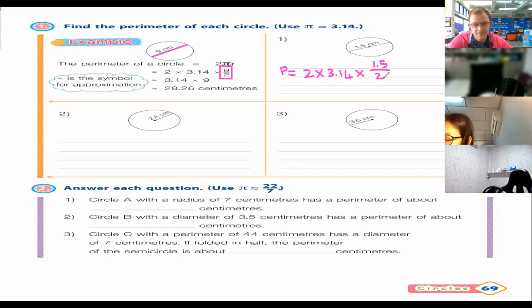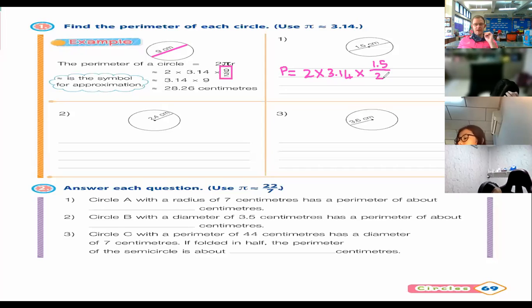Do you guys agree? Yes? No? Maybe? So we have to take the 1.5 and divide by 2, because the 1.5 is the total length of the diameter. But we need the length of the radius to calculate the perimeter.